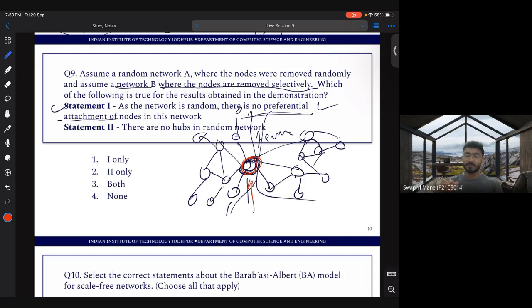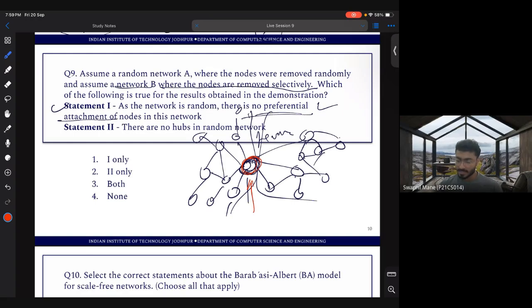In the selective method also, it takes multiple steps to turn this graph into a disconnected graph. But in a real-world network, we directly remove the hub node, which has a higher degree, and then the possibility of getting a disconnected graph is very high.